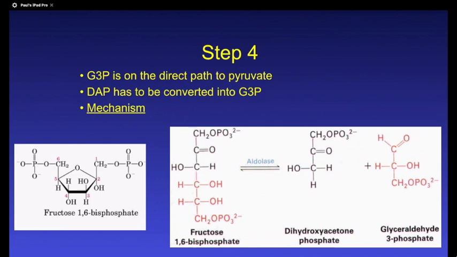If by chance there's a negative charge that is produced, somewhere inside the enzyme there's a pocket that has positive charge that kind of balances it out. This enzyme, the aldolase, actually covalently links to the substrate to help stabilize the transition state. And that's a difference between everything that we've seen up to this point in time.